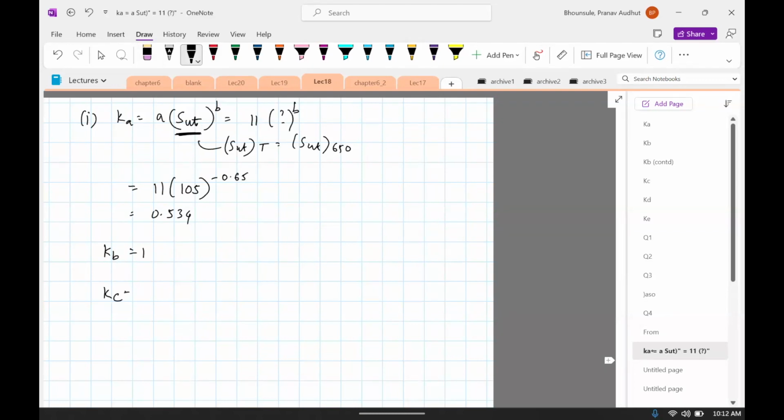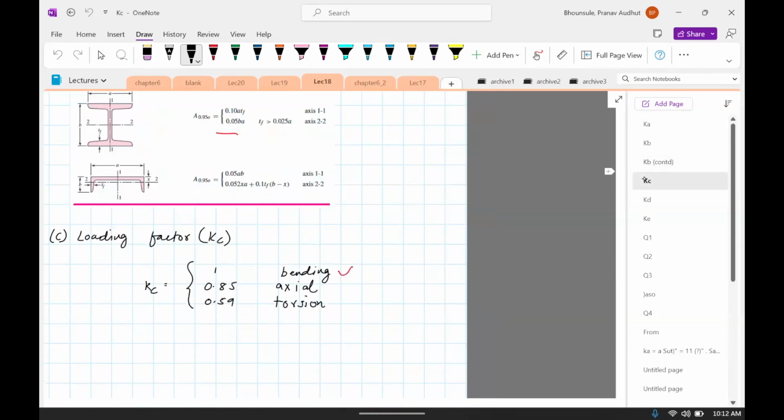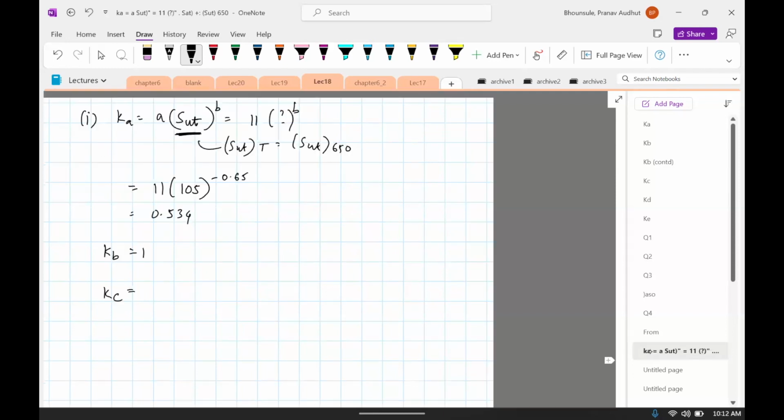Let's go to KC. Okay, so KC is here. So this is a loading factor for axial loading. It is 0.85. That's what we'll use.